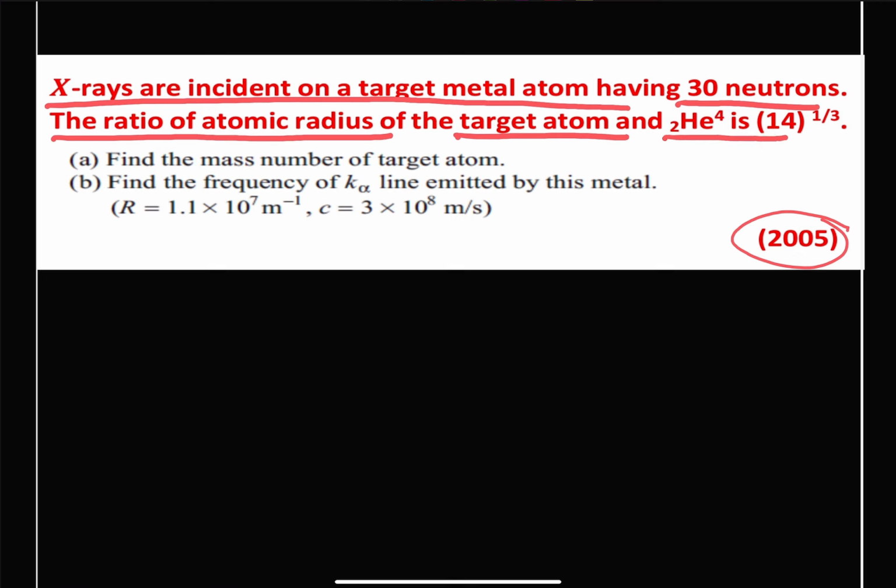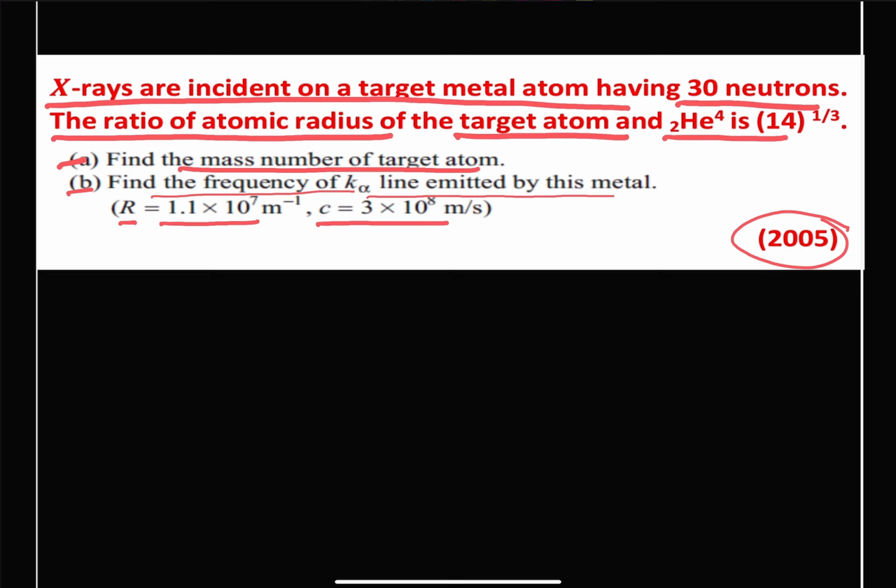Based on this, we have two questions. In A, find the mass number of target atom. In B, find the frequency of K alpha line emitted by this metal. The value of Rydberg constant R is 1.1 into 10 to the power 7 per meter, and the speed of light is 3 into 10 to the power 8 meter per second.